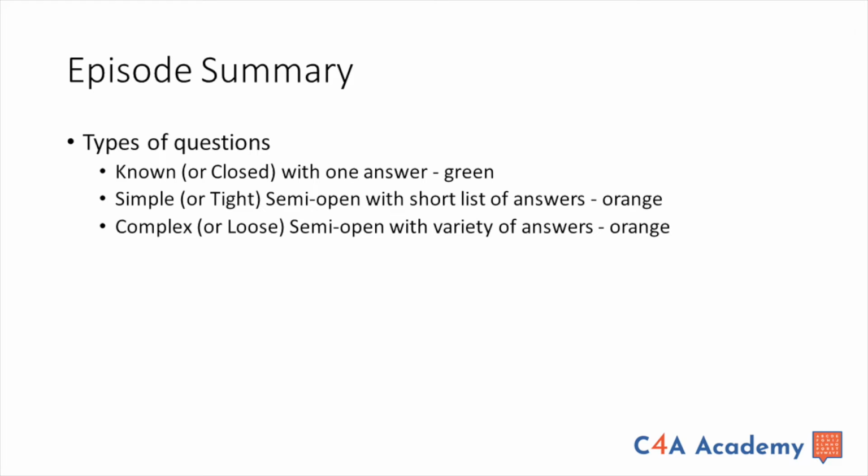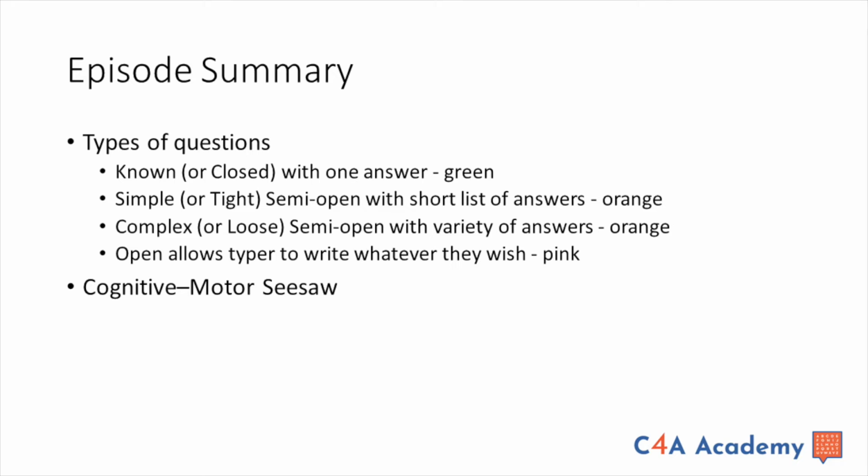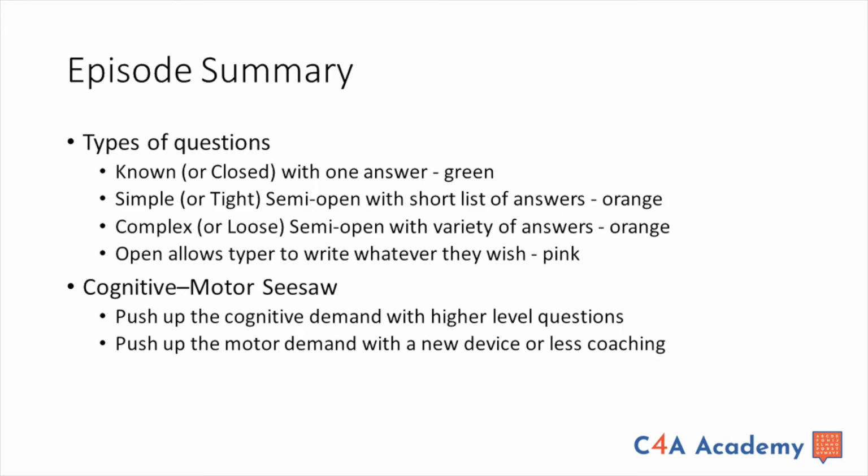Complex, or loose, semi-open questions have a variety of answers and are also colored orange. Open questions allow typers to write whatever they wish and are colored pink. The cognitive motor seesaw helps the CP understand how to make progress with the typer. The CP can push up the cognitive demand with higher level questions. Push up the motor demand with new devices.